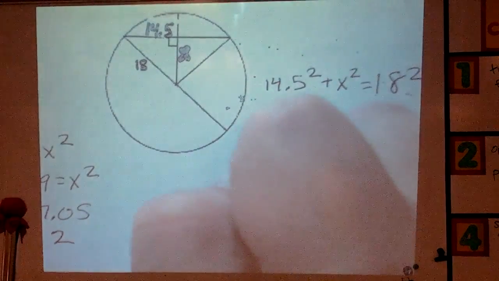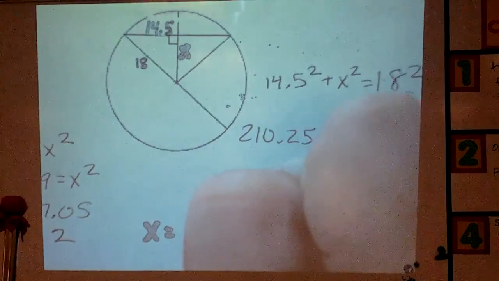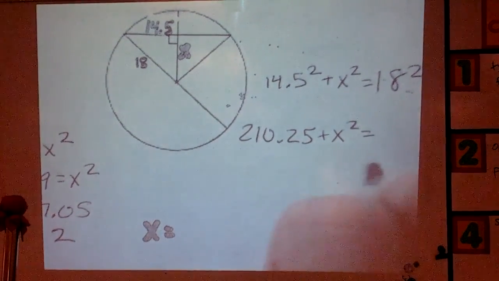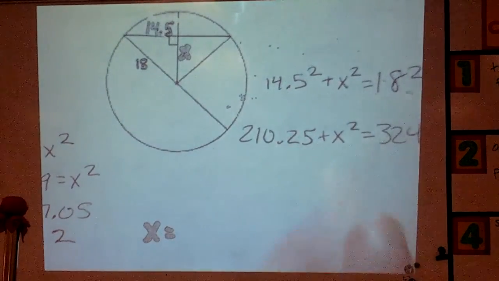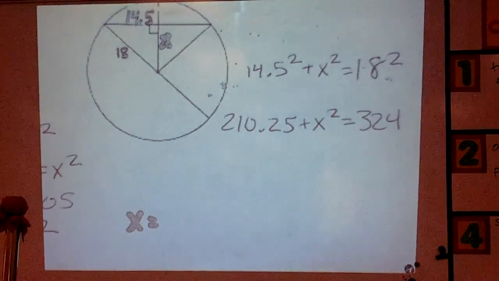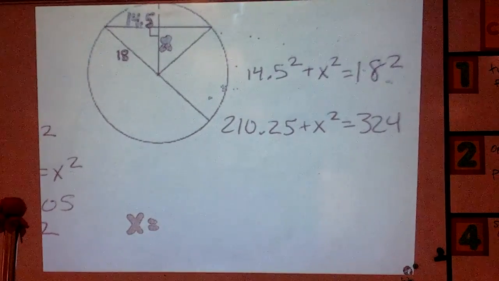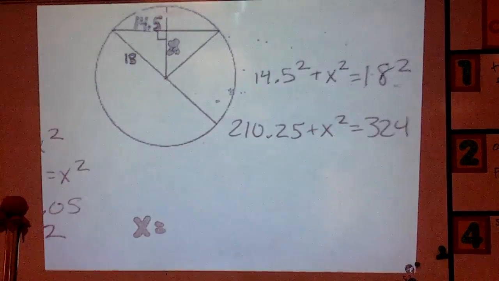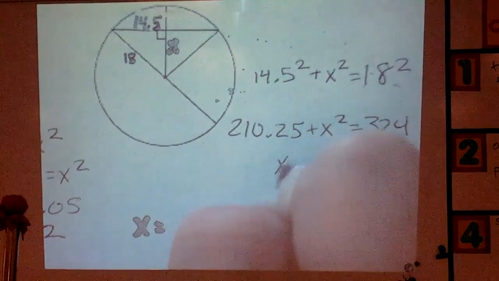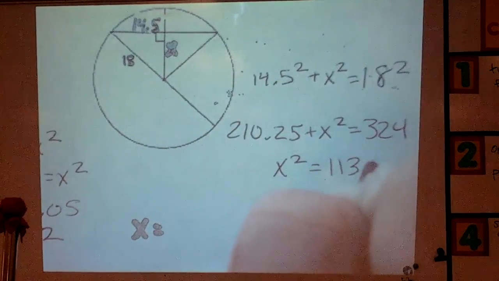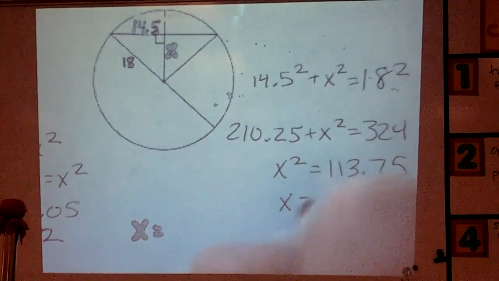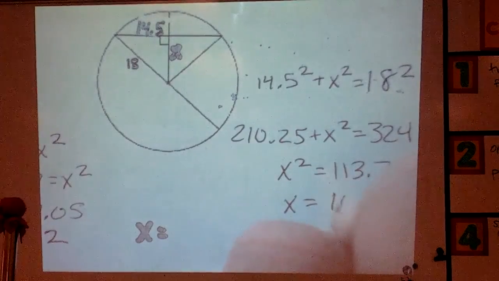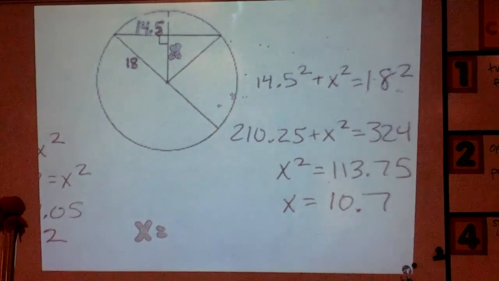So that would be 210.25 plus x squared equals 324. Subtract from both sides. And take the square root, which gives me 10.7.